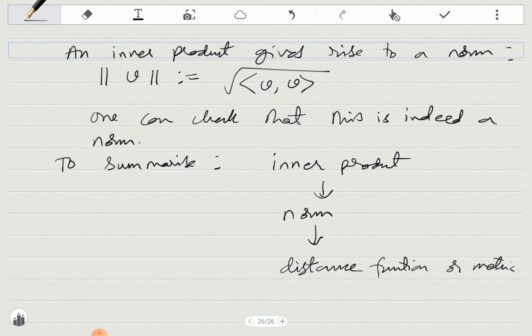So I leave it to you to come up with simple examples, but let me just point out one class of well-known examples of norms which are not inner products, which do not come from inner products.